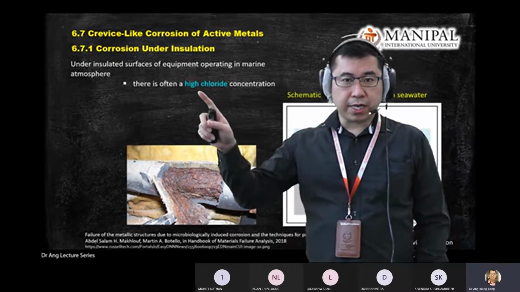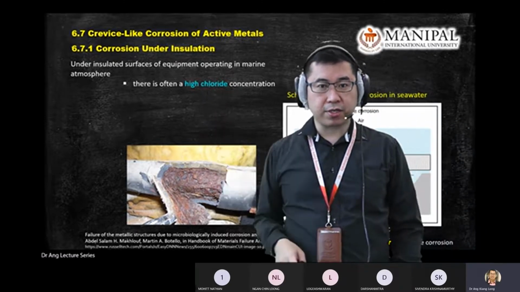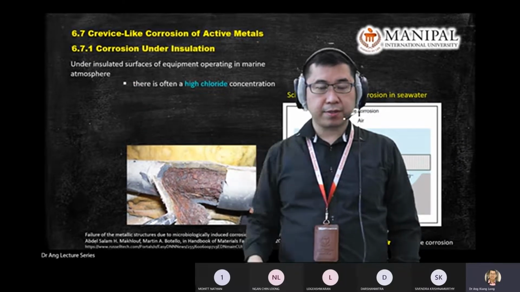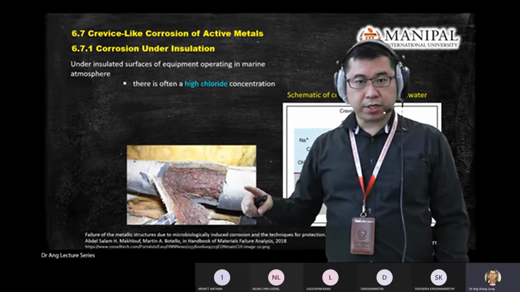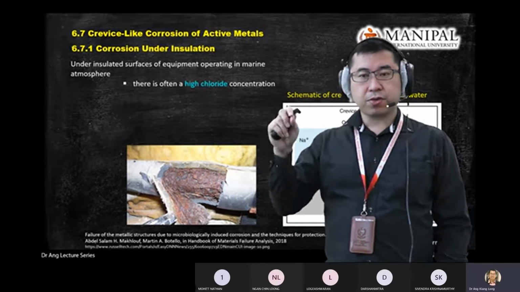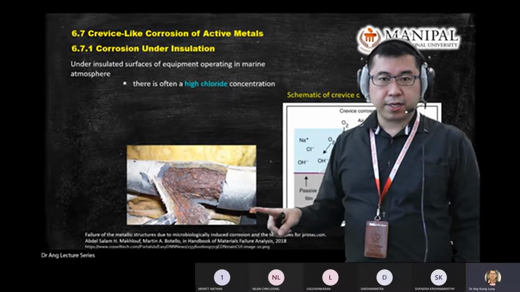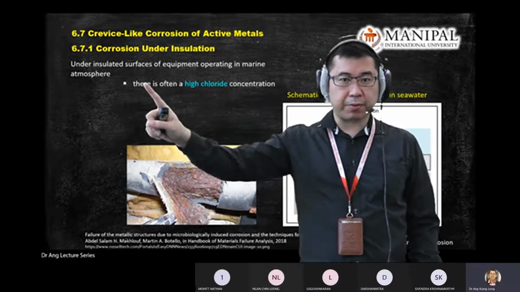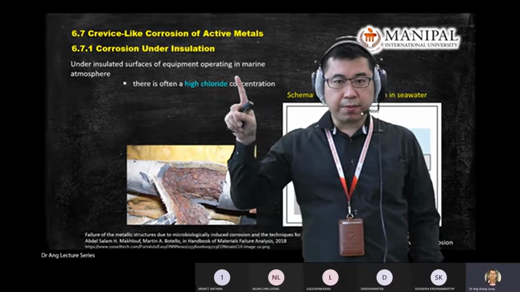There is often a high chloride concentration in the marine environment. For insulation, usually here we talk about standard steels and seawater, equipment in the marine atmosphere. Why marine atmosphere?